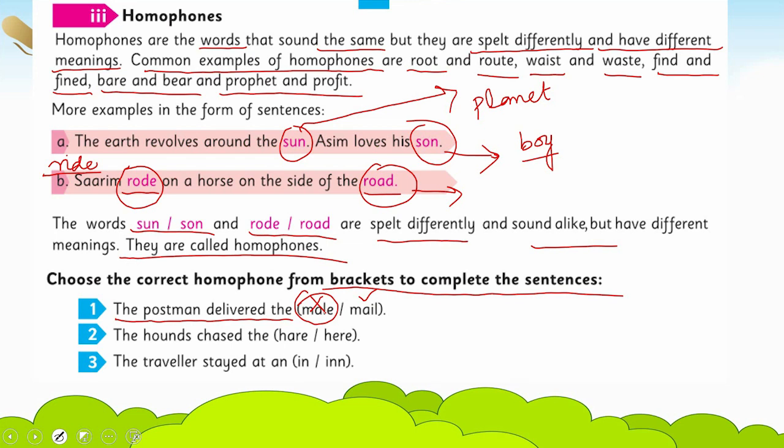So here this one is right and this one is incorrect. The traveler stayed at an inn. Here inn means a hotel or a restaurant. So this is the right answer.